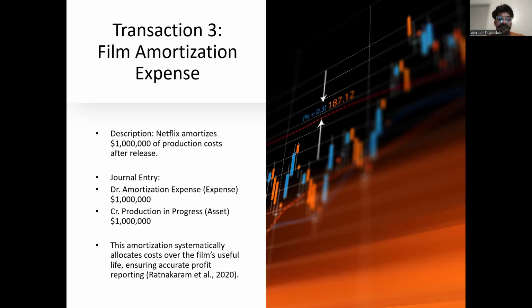This step aligns with the expense recognition principle, matching the expense of content creation with the period it generates revenue for. As discussed by Ratnagaram, Chakravaram, and Tatikonda and Rao in 2020, amortizing production costs provides a more accurate reflection of profitability in the entertainment industry.